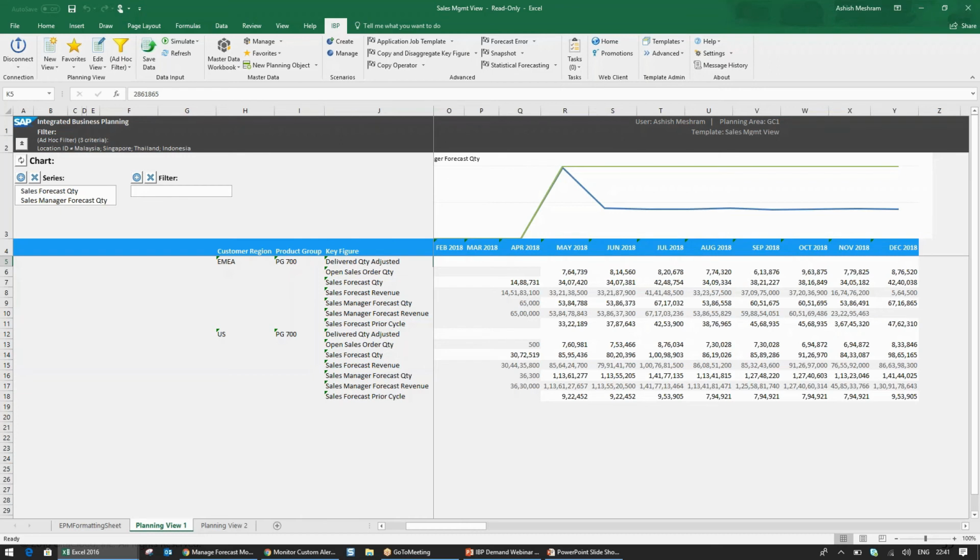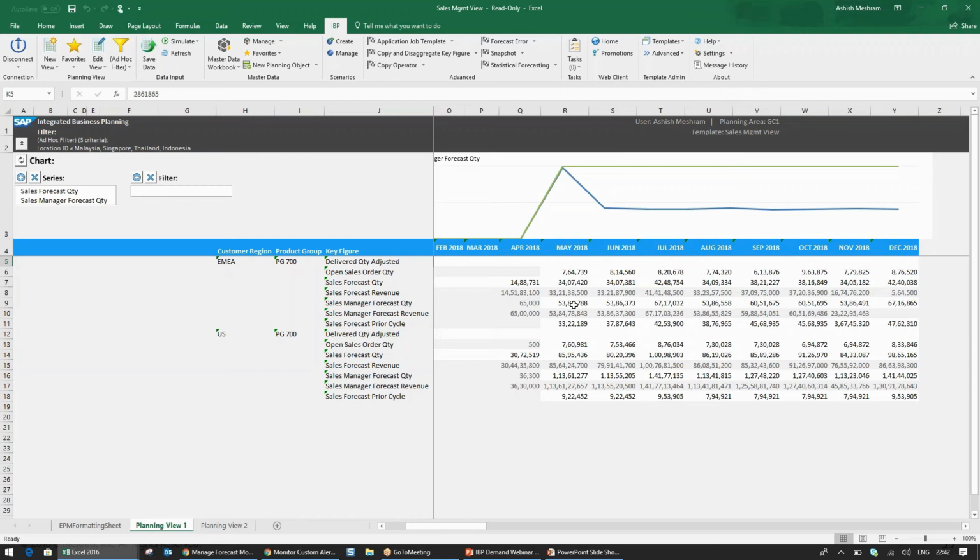Generally you can have your sales forecast quantity defaulted to your sales manager forecast quantity, but as a sales manager who is looking at an aggregated level, he has an option to increase the sales quantity for that particular region and for a particular duration.